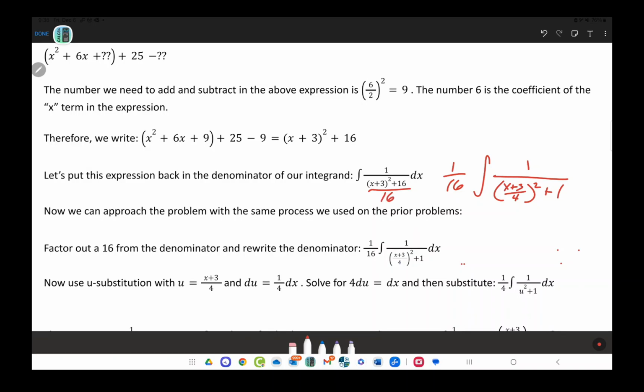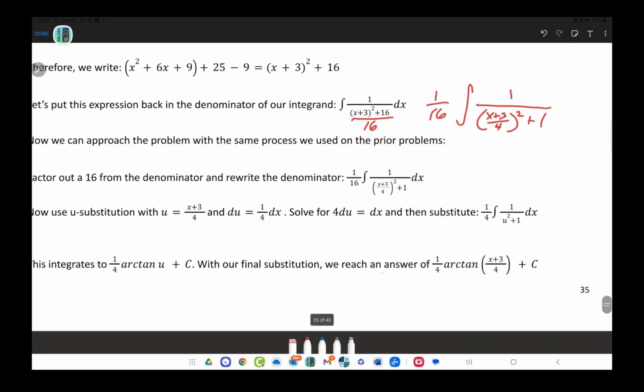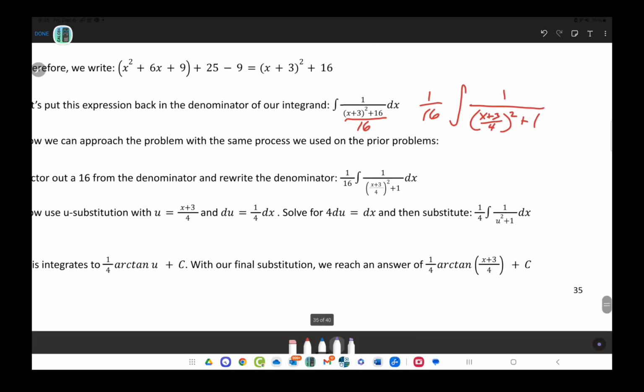So now we have an inverse tangent. In order to solve for this, we do our substitution method. u is equal to (x plus 3) over 4, which means du is equal to what? 1/4 dx.